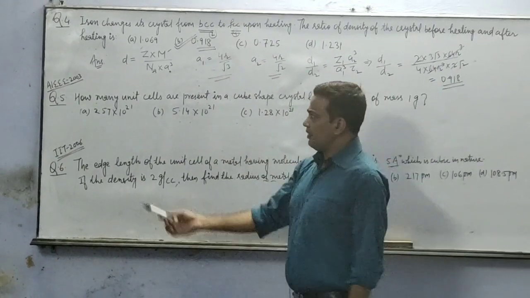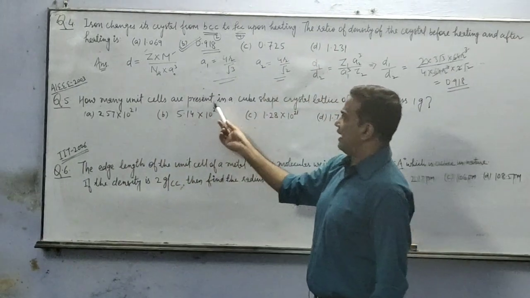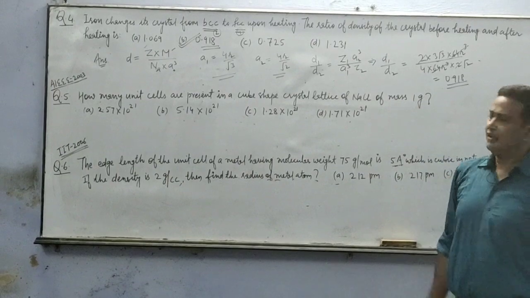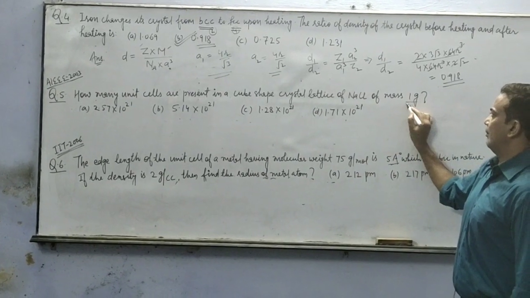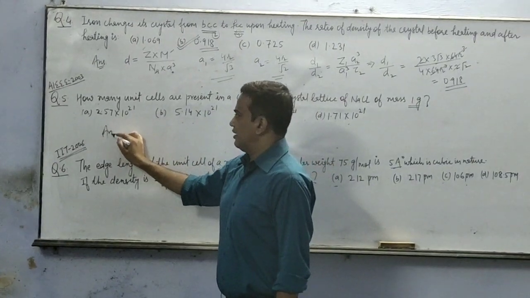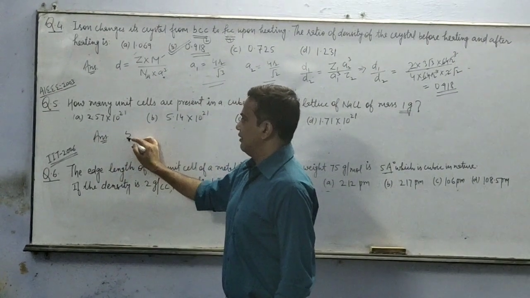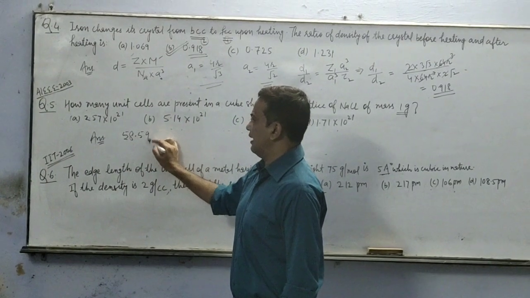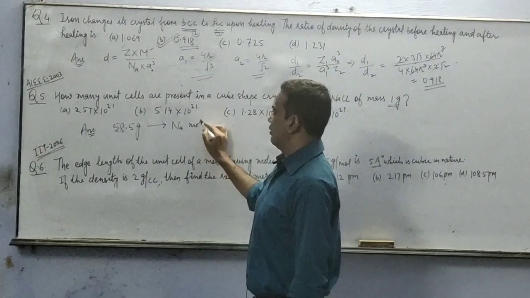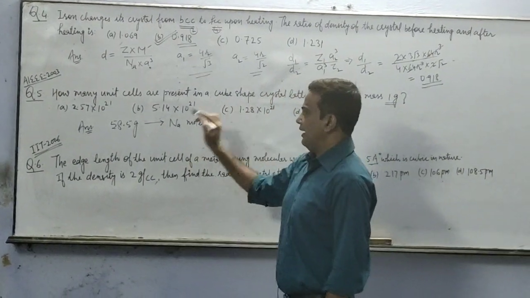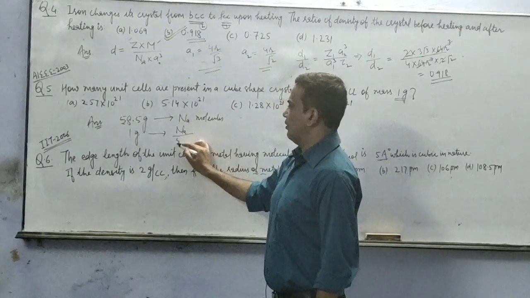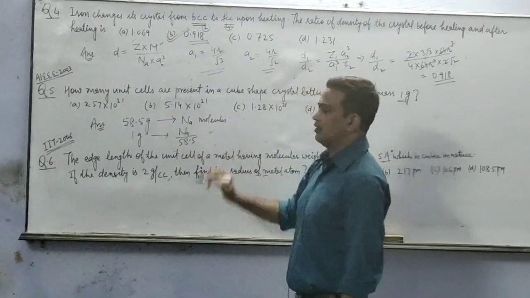Next question. How many unit cells are present in a cube-shaped crystal lattice of NaCl of mass 1 gram? You know the molar mass of NaCl is 58.5. So 58.5 gram of NaCl contains Na molecules of NaCl, and 1 gram will contain Na upon 58.5 molecules.